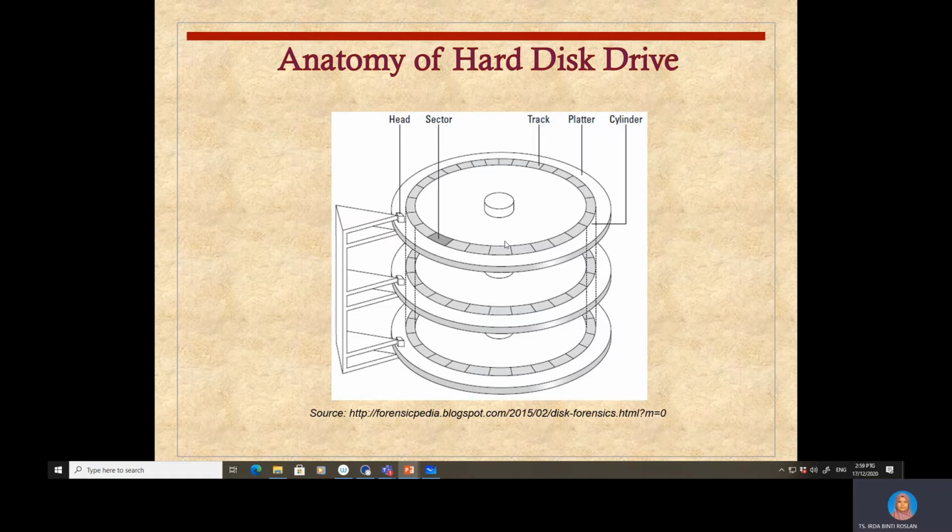So I hope you understand the anatomy: the read and write head, the sector, tracks, and the platter.